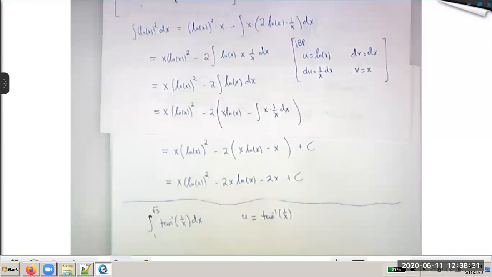Let me pull that up on the side. Okay. So I was looking at u being inverse tangent of 1 over x. Gotcha.